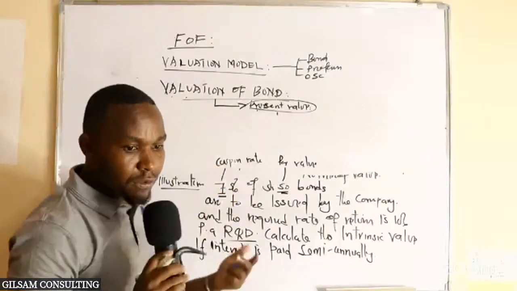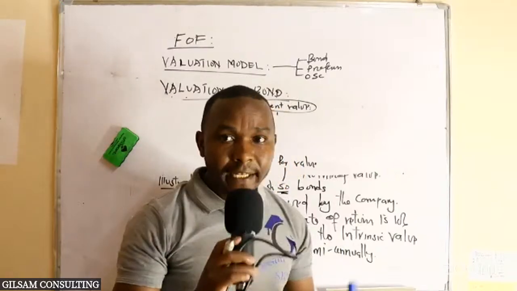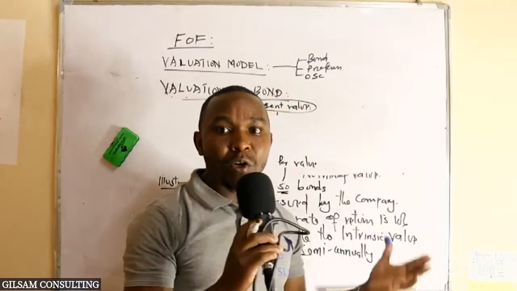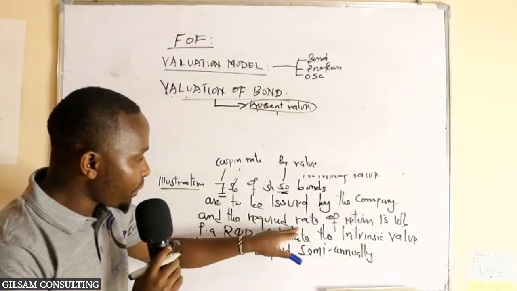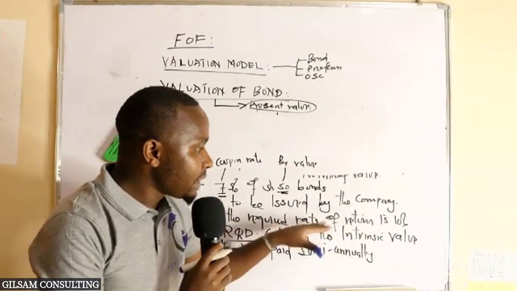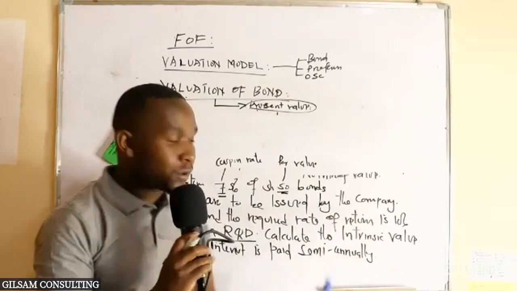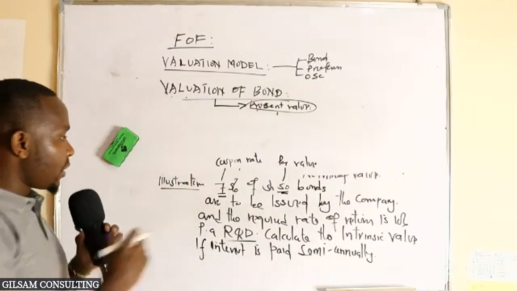Utapata tukifika cost of capital, examiner atakwambia the cost of debt is equivalent to the coupon rate. So instead ya kupea hii, the rate of return is 10%, anakuambia it is issued at the par value, which means itakuwa the same na coupon rate. So lazima ujue hizo term.